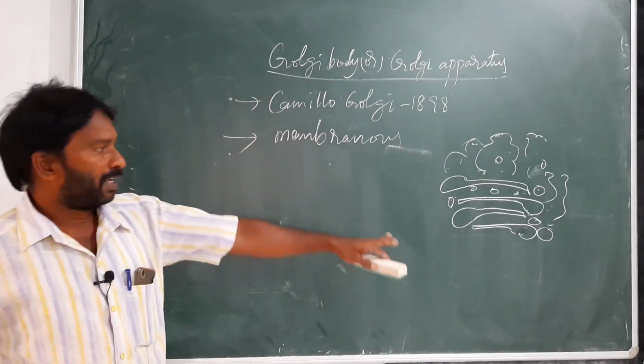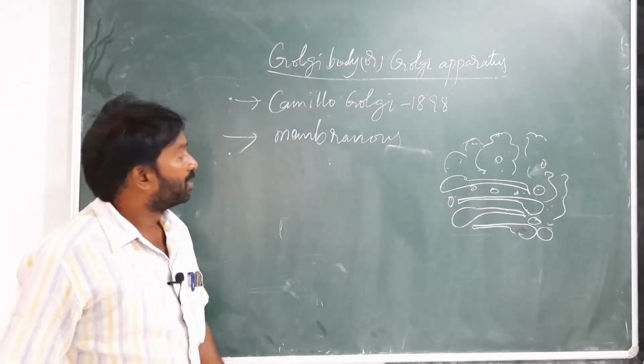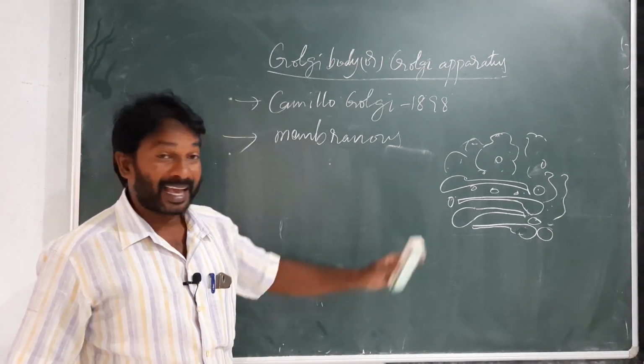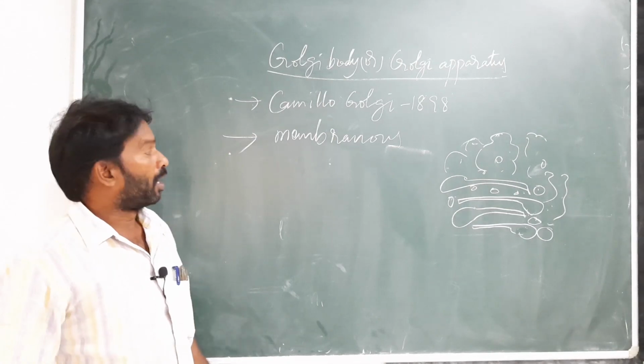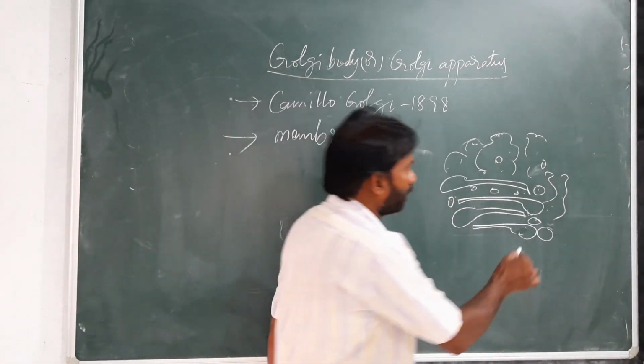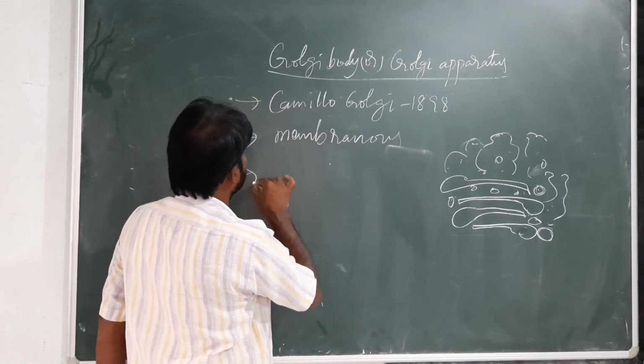This is the Golgi apparatus, membranous structures present in the cell. It creates sac-like structures, around which fluid portions are there. They are called vesicles.